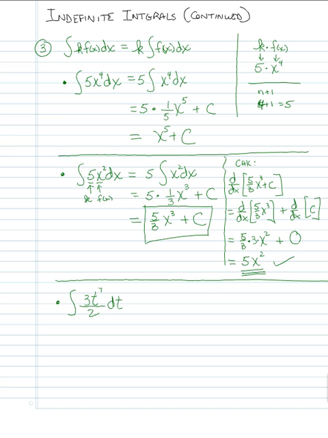Now, there's a lot of confusion going on here, and I'm going to come back and address some of these things a little later again. But to be direct about this, can we think of this as a number times t to a power? And so what I'm looking at here is, well, this is the same thing as 3/2 times just t to the 7th power, isn't it?